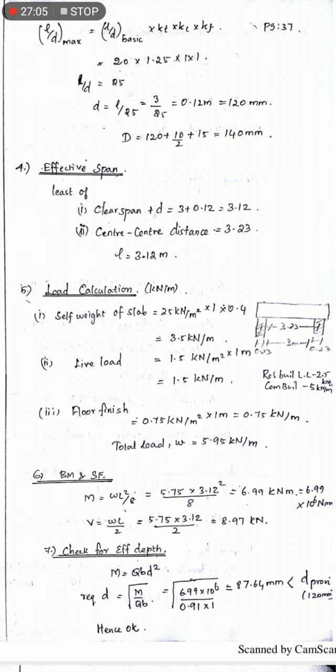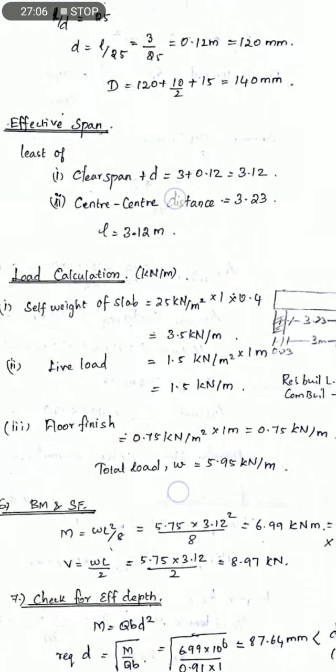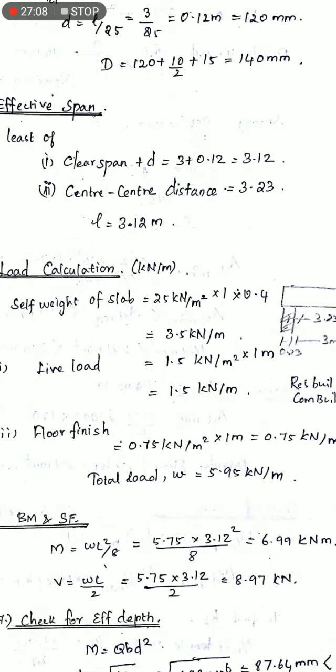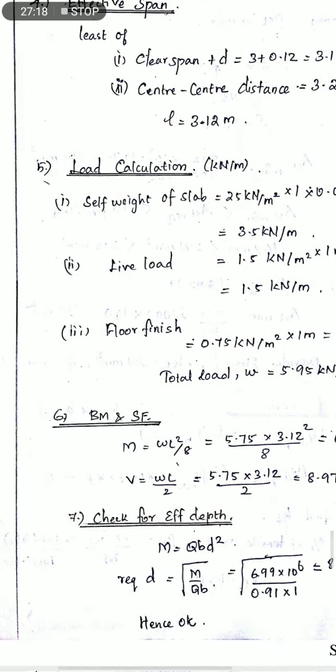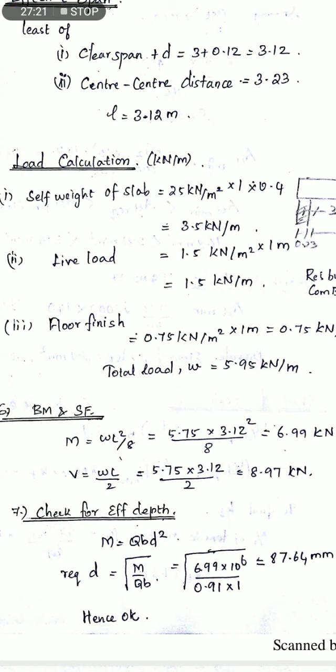Then live load value is given in your problem, that is 1.5 kilonewton per meter square, which will be converted into kilonewton per meter, that is multiplied by 1 meter width. And floor finish, normally we take the range between 0.75 to 1 kilonewton per meter square.